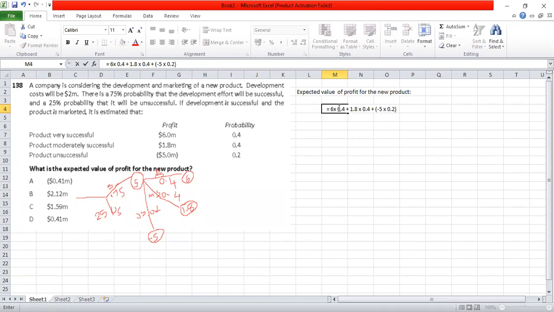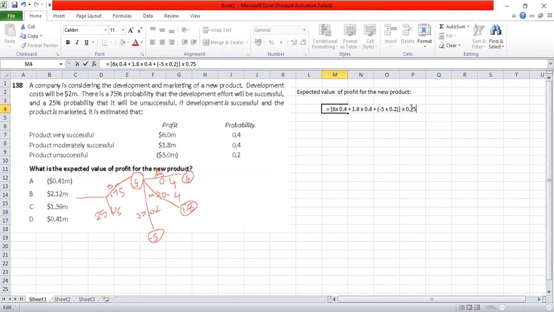Okay, the whole thing is possible only when the product is profitable. But what is the probability that a product will be profitable? Anyone listening to me? 75%, that's very good, 0.75.